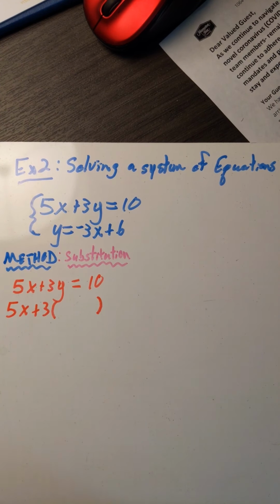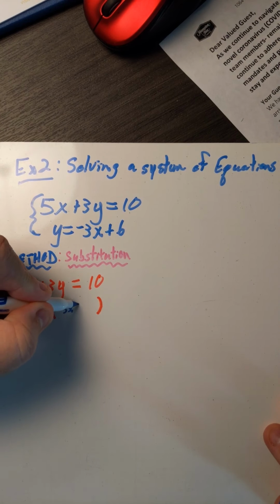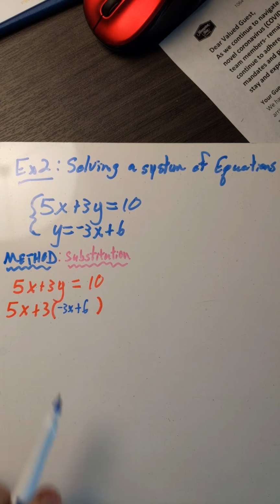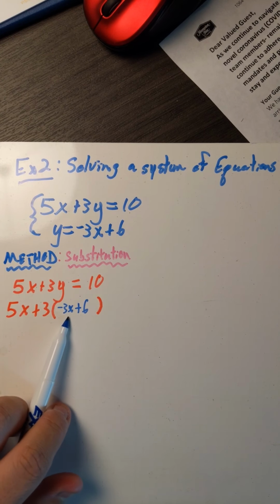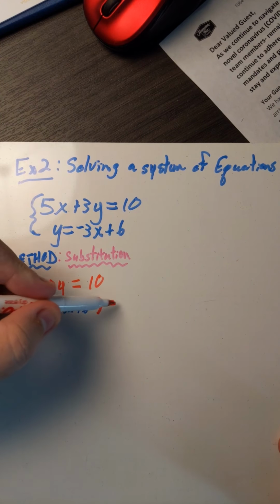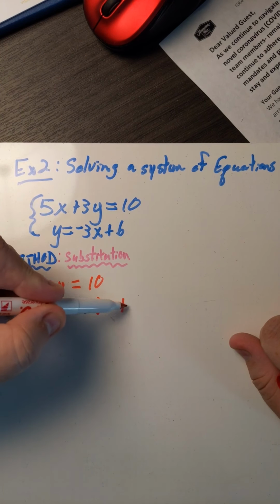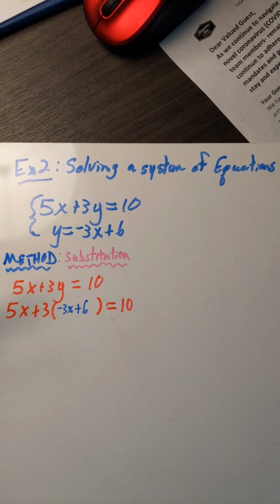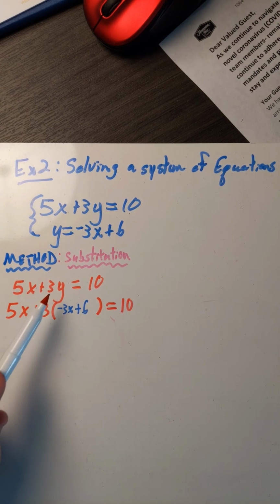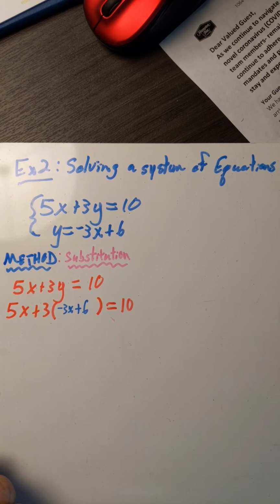That new quantity, I'll write it in a different color so it stands out, is of course negative 3x plus 6, right? So where there used to be a y, there's now a negative 3x plus 6 from before. All right, and that is equal to 10. Right? So the only thing that's changed is we swapped out that y and replaced it with a negative 3x plus 6.